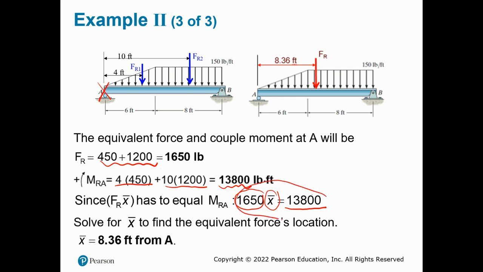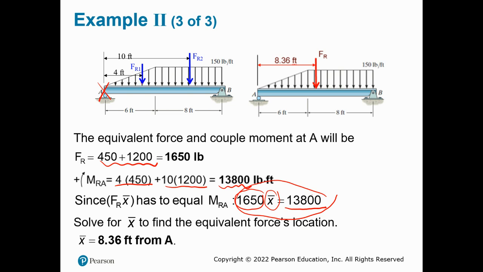You're solving this equation right here. We know the magnitude total is 1650. We know the moment total is 13,800. And we can calculate the X bar, and that X bar will be the overall location.